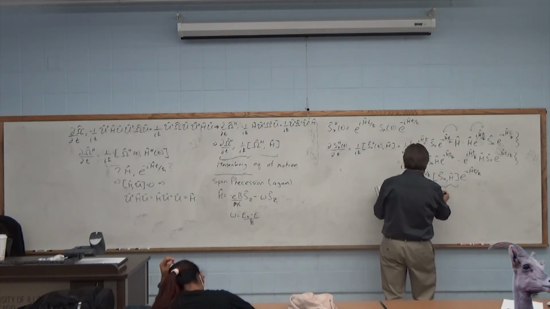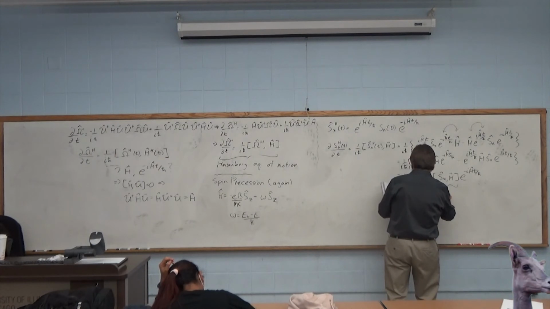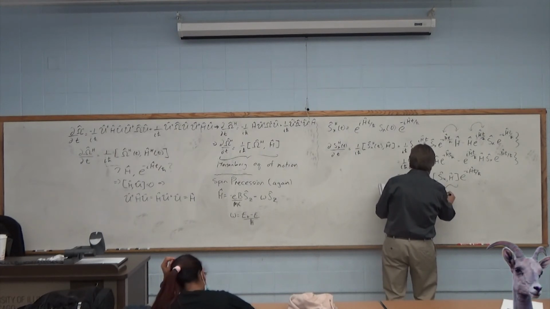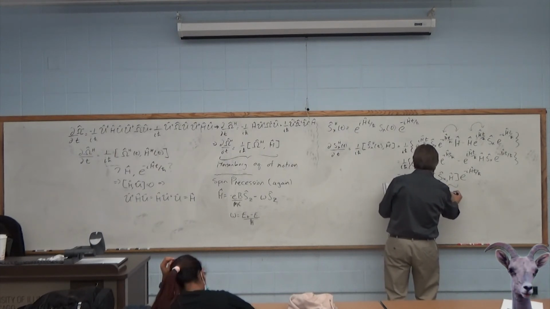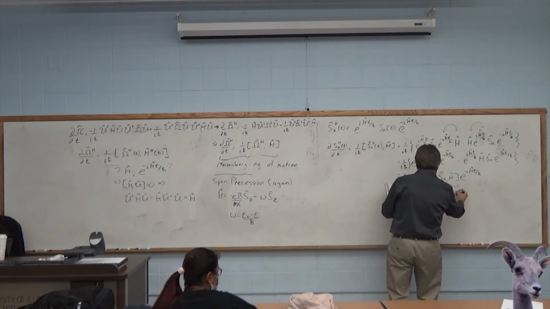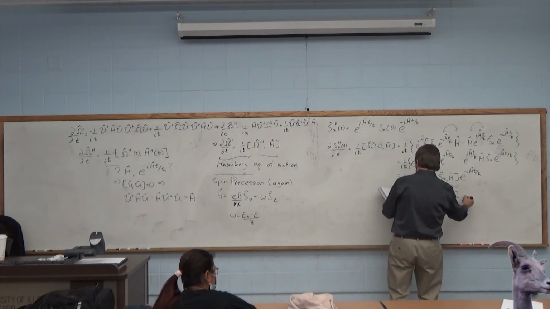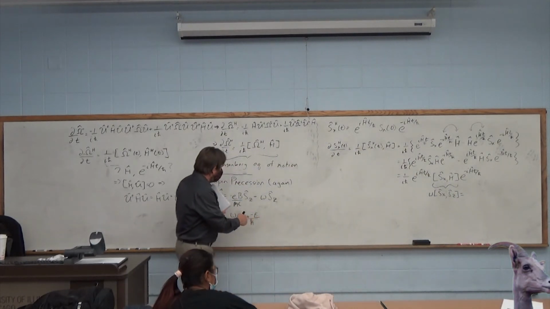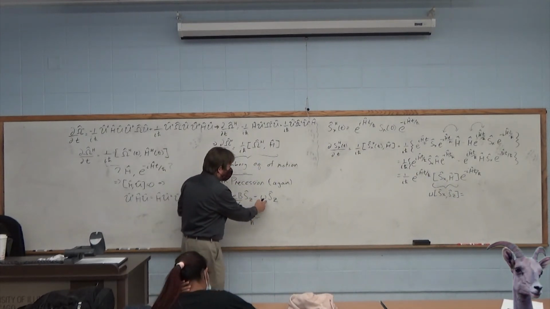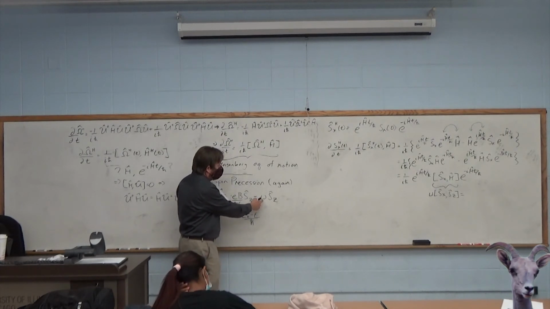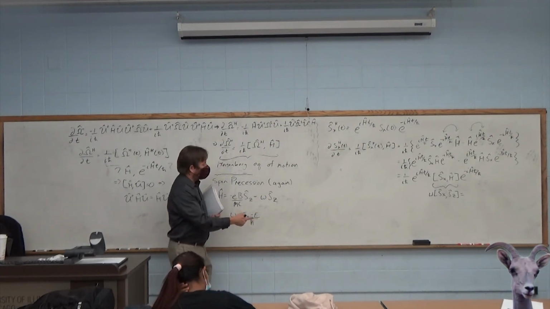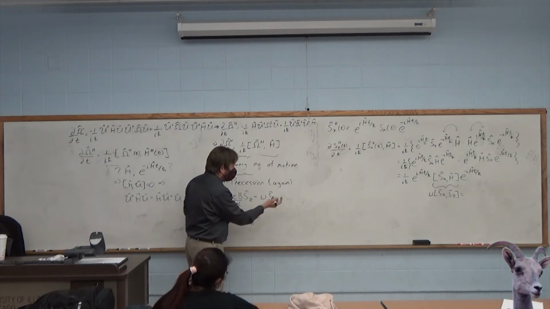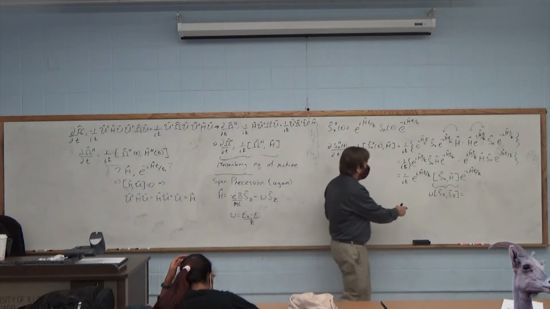Check this out. This is actually right, because the Hamiltonian is just, remember, this is like 5 per second, so it's a number, it can get factored out.